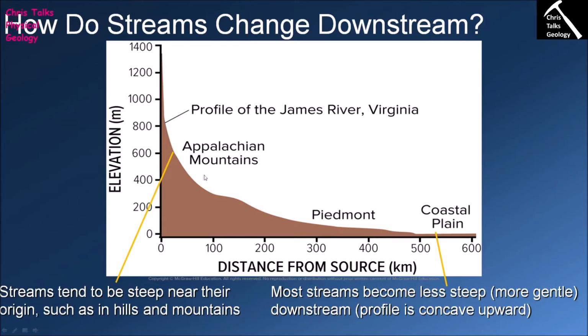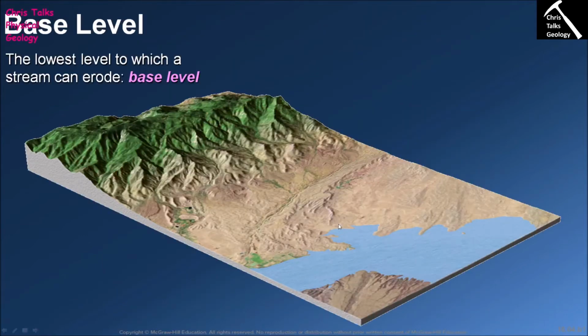So all of this material above sea level is in theory erodable. It can be removed in an attempt for the river to try and achieve that perfect concave upward profile. In contrast, once our river makes it to sea level, it will be unable to erode down any further. So base level is the lowest point to which our river can erode.